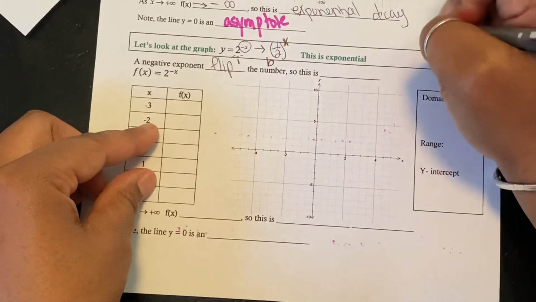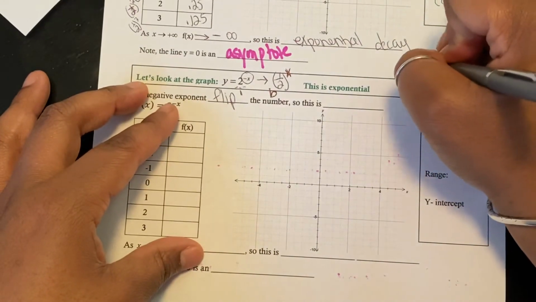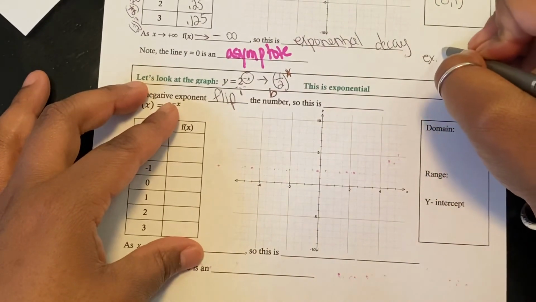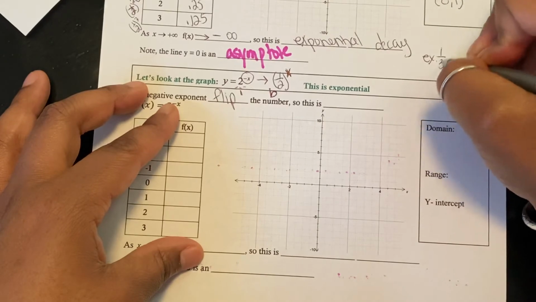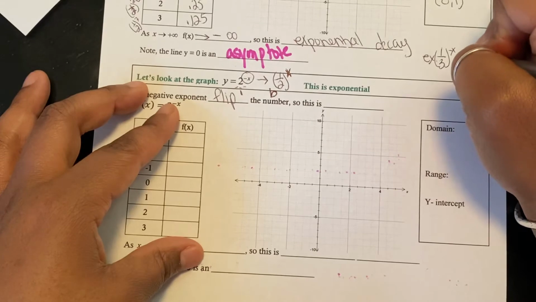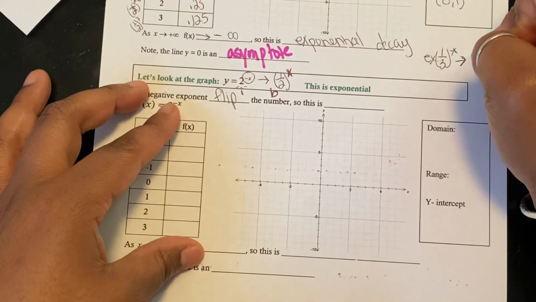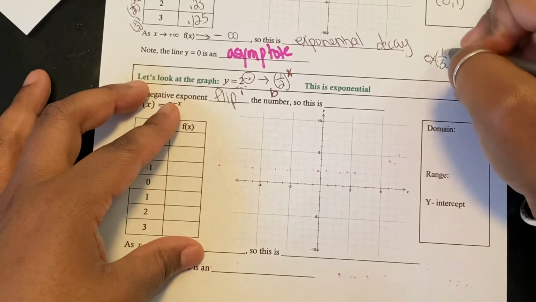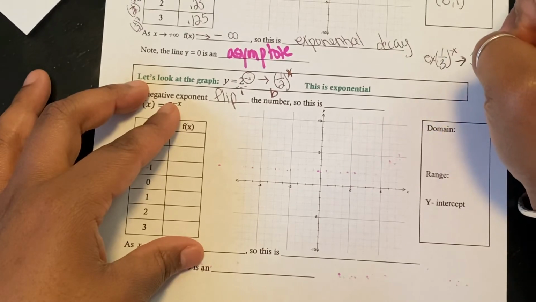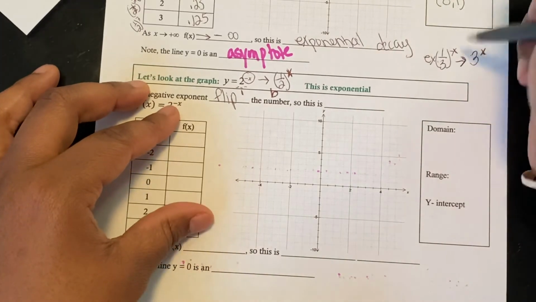Let me do a couple more examples. If I have 1/3 to the power of negative x, you would say, oh, that's an exponential decay. But no, since x is negative, I now have to flip it. It was 1 over 3, now it's 3 over 1, and I have to make the x positive.